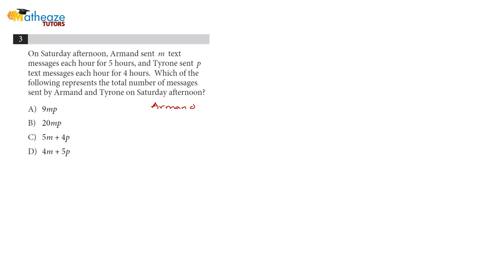Amand sent M text messages per hour, and then he does that for 5 hours. So we have 5 times M, which is 5M. And then we have Tyrone. Tyrone sent P messages every hour for 4 hours. So Tyrone sends 4 times P, which is 4P messages on Saturday.